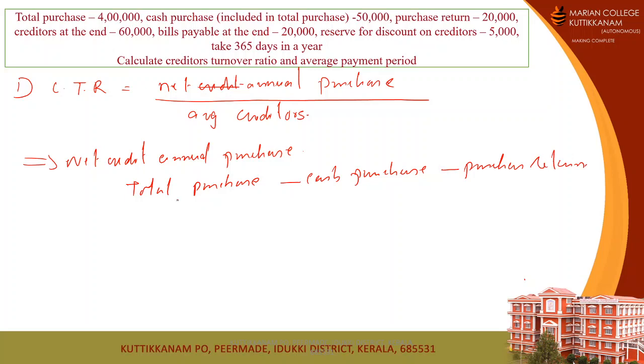So here total purchase is given as 4 lakh, cash purchase is 50,000, and there is a purchase return also, that is 20,000. So what is the figure of net credit annual purchase? It is 3,30,000, right?